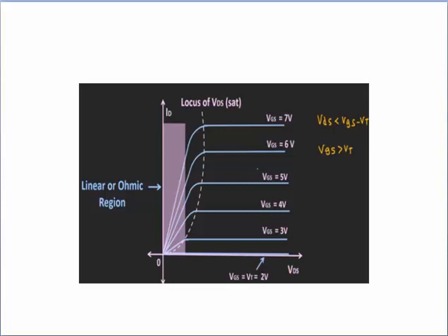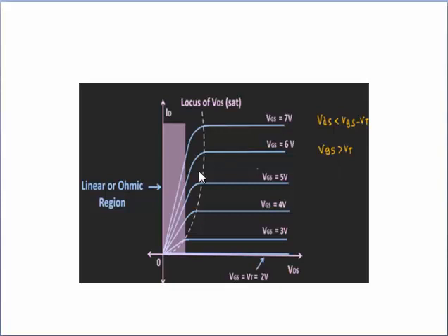Next is drain characteristics. If we see the drain current versus VDS curve for different values of VGS, it will look like this. As you can see, as the value of VGS increases, the current will also increase, and this parabolic curve shows the locus of the VDS voltage where the ID current will get saturated.